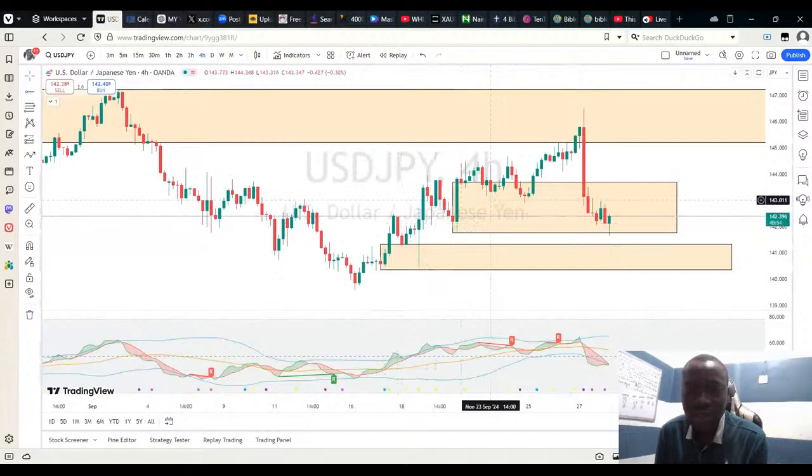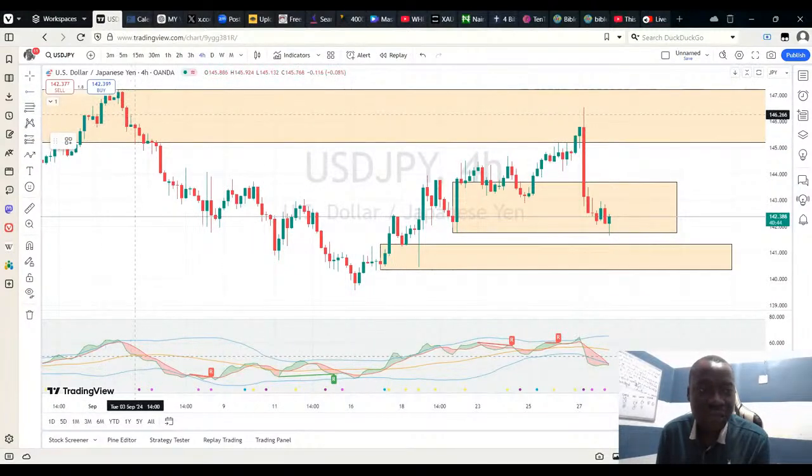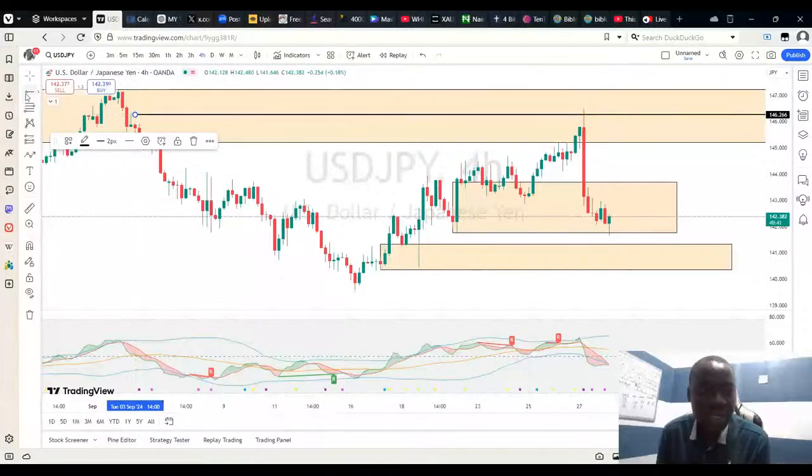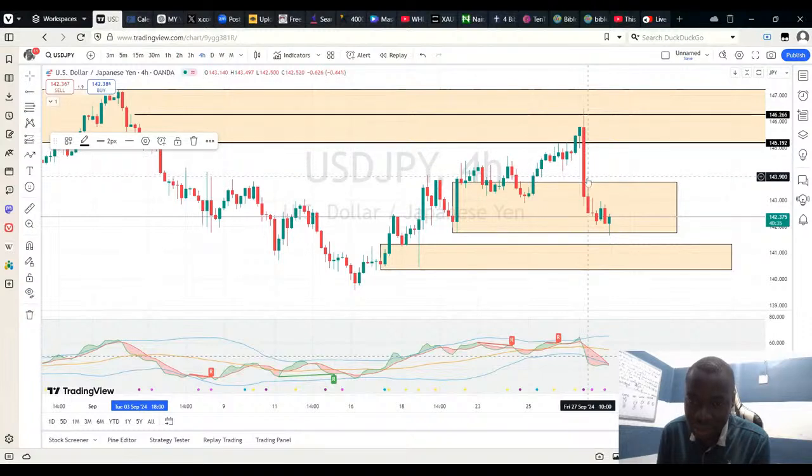We can see that they pushed to that region, which is the market maker footprint I can spot around there, and I told us that we should be expecting a sell. From this market maker footprint that we can see here, they came to that region, and from that region they kept on dropping the market massively.